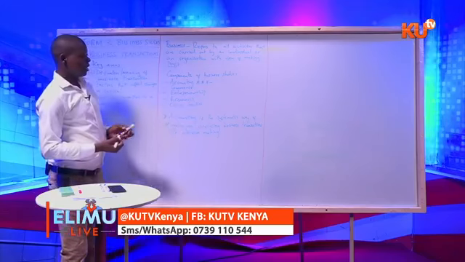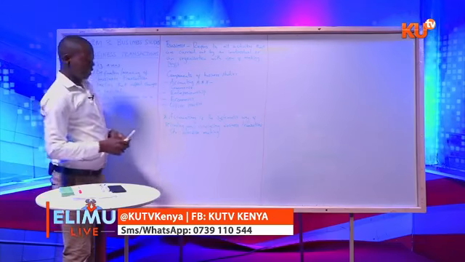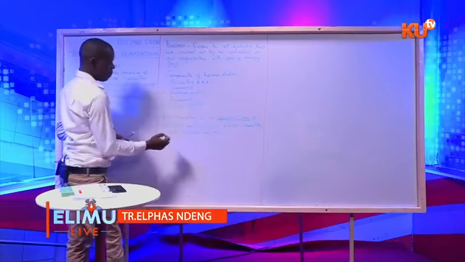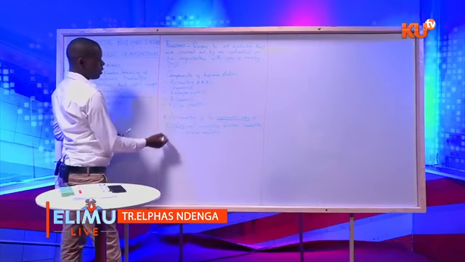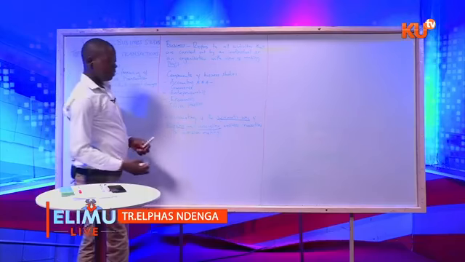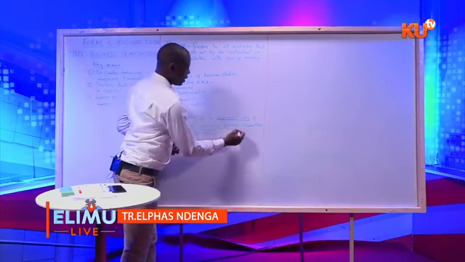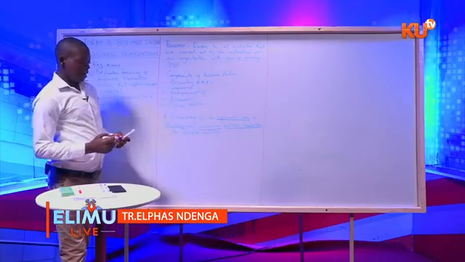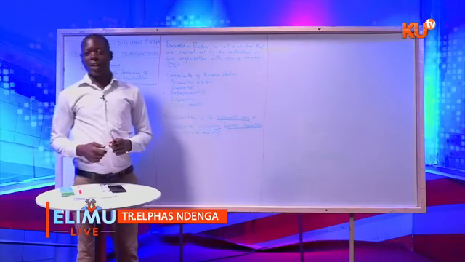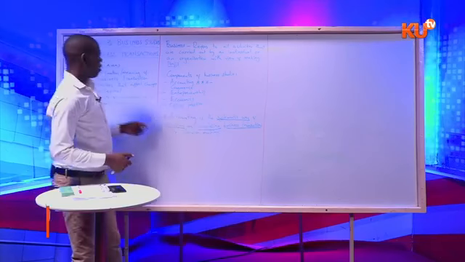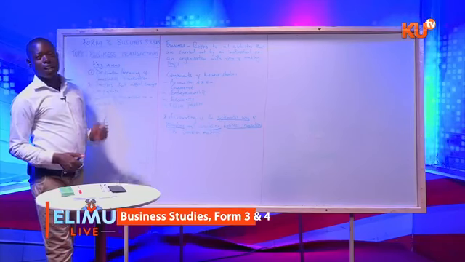So this is the description of accounting, and it has to be systematic. It has to be in an order, and what we do is we record and we analyze. What do we record and analyze, students? Business transactions. We record and analyze business transactions, and that is where we are today in our lesson.